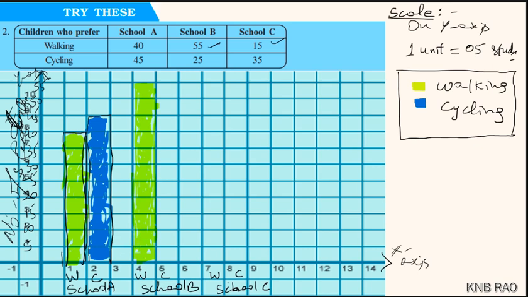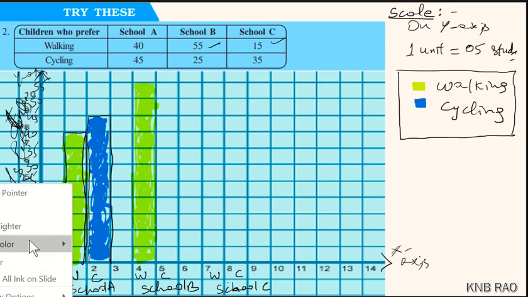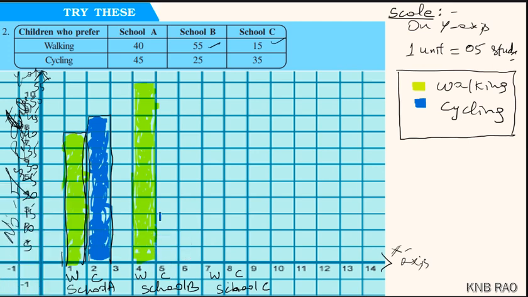In school B, the number of students cycling is just 25 only. So I have to rise up to this bar. So it is easy for people to read how many students are cycling and how many are walking in school B. Similarly, you can plot the graph for school C with the same colors.